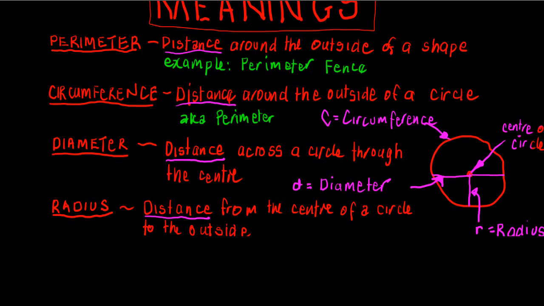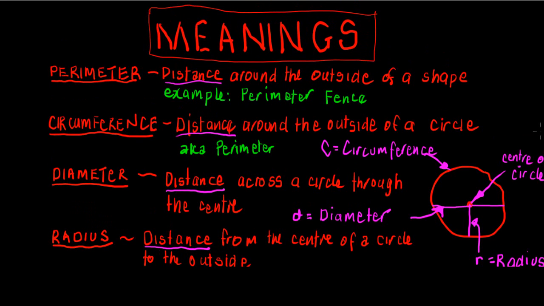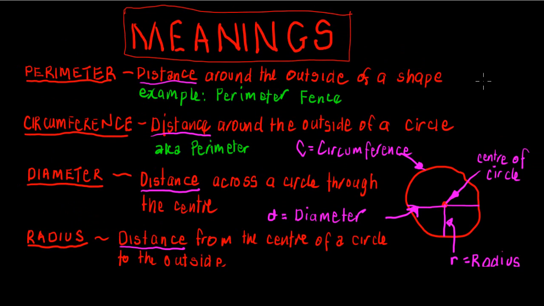First of all, perhaps we need to get a bit of a handle on the circle and what the various parts and things of it mean and are. So first word up is perimeter. It's the distance around the outside of a shape, any shape, not particularly a circle.